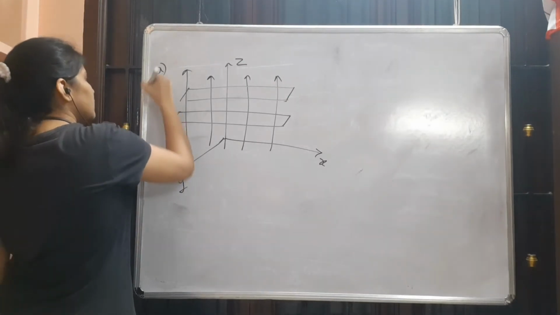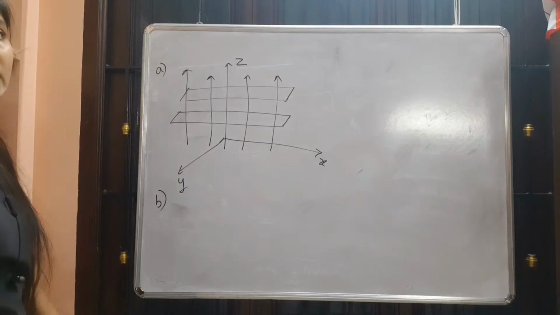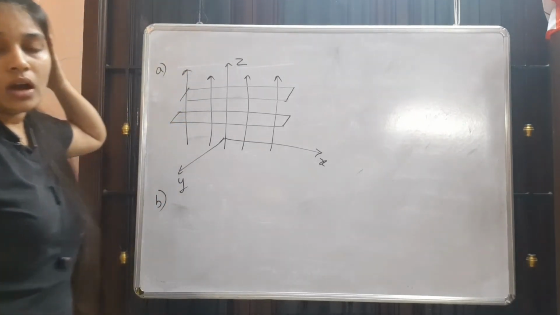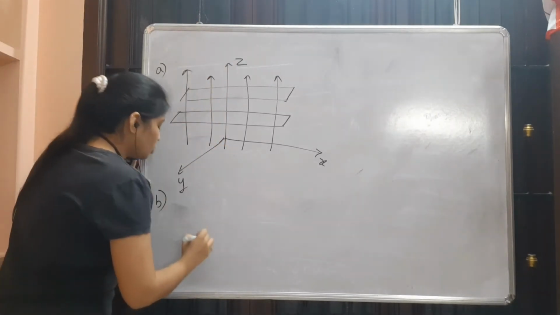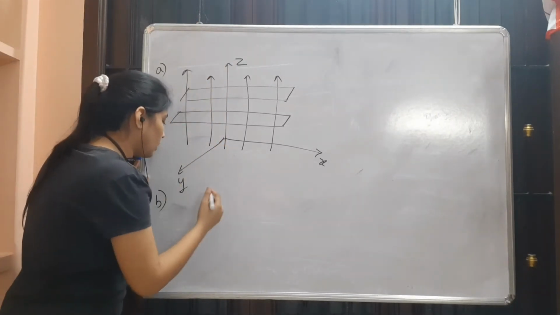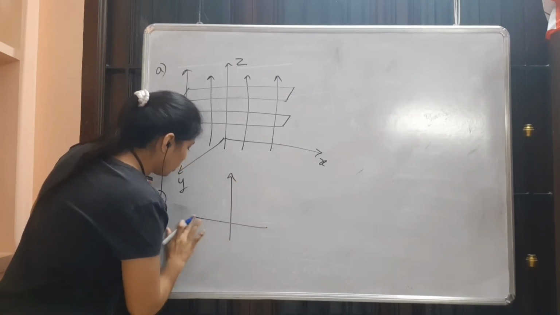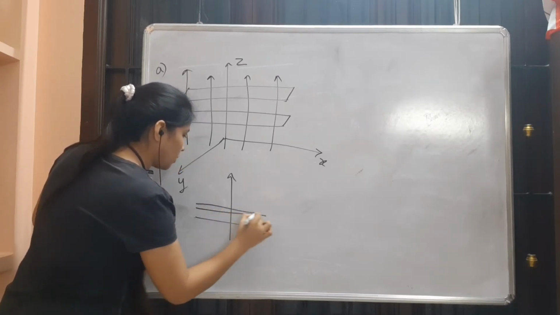The second one, they are saying that the strength of the field is increasing as it goes higher in the z axis. That means you can draw the equipotential surface something like this. Imagine this is one plane, the next plane is here, the next plane is here.